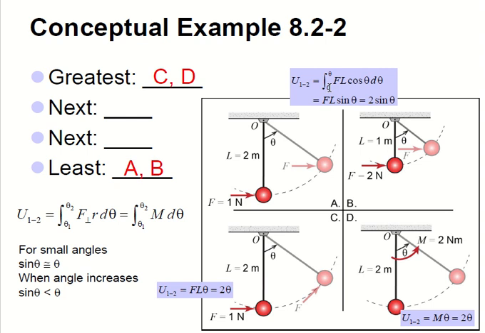Of course, if you put it into a mathematical, calculus-based equation, you're going to get the work done from position 1 to position 2. You're going to go from theta to theta, which is this guy, and then your F, and your length right here, your distance. When you do your trigonometry, you're going to get the cosine theta, differentiated against theta. So you would get 2 sine theta for these two situations right in here.